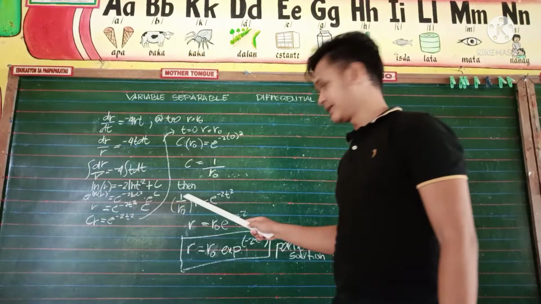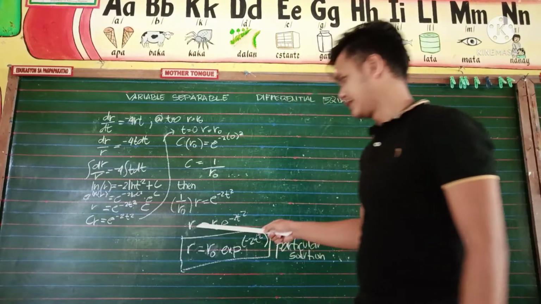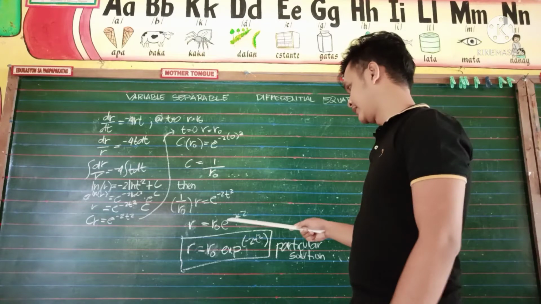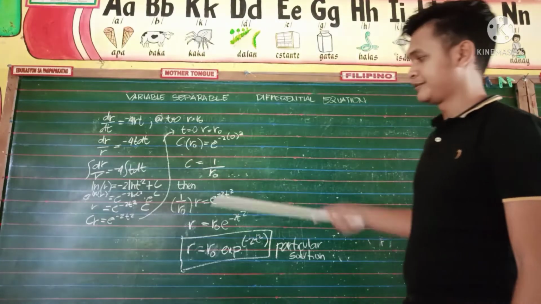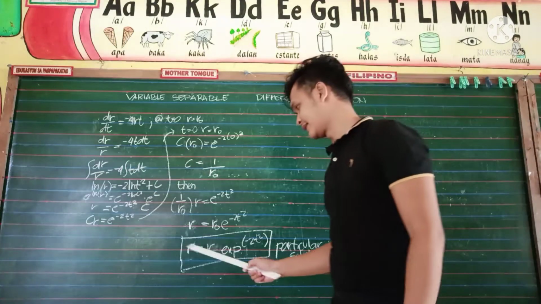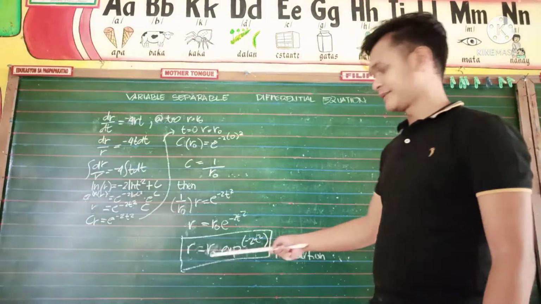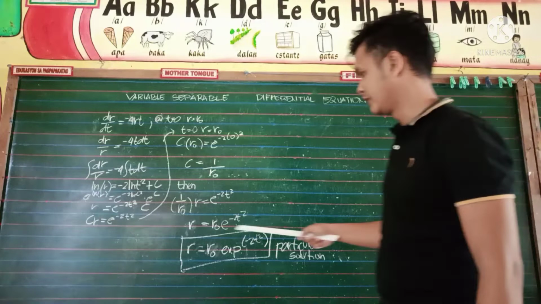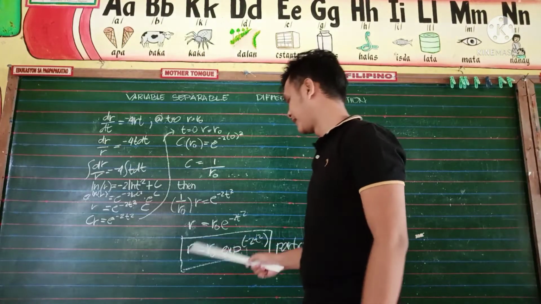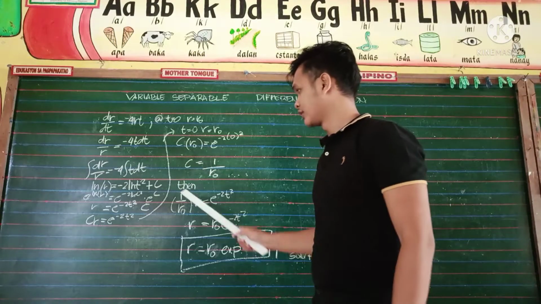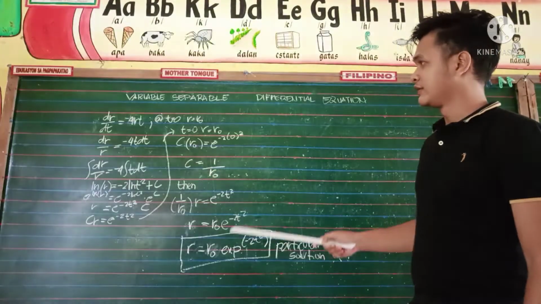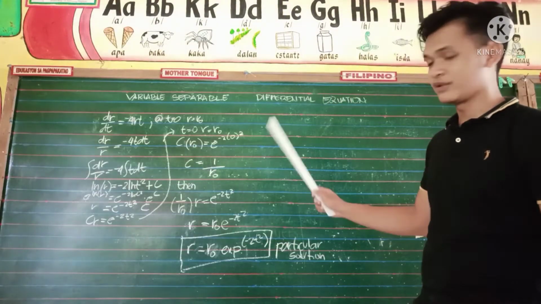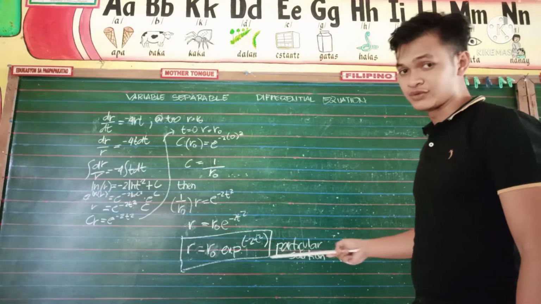So the remaining in the left side is r, and it equals r sub 0 multiplied by e raised to negative 2t². So the final answer is r is equal to r sub 0 times e to the negative 2t². Here we already have a value of the constant. So for a variable separable differential equation, if we have a value of the constant, it is a particular solution.